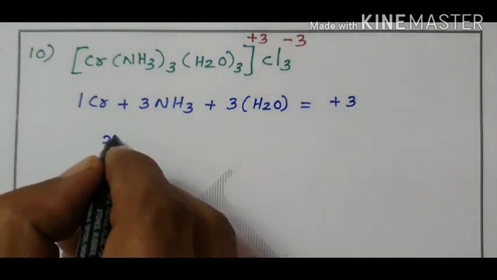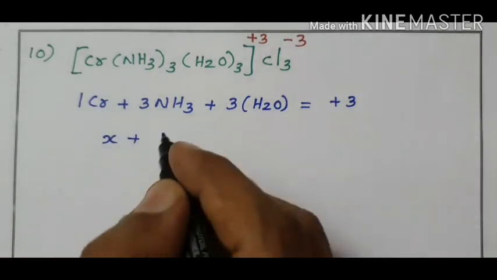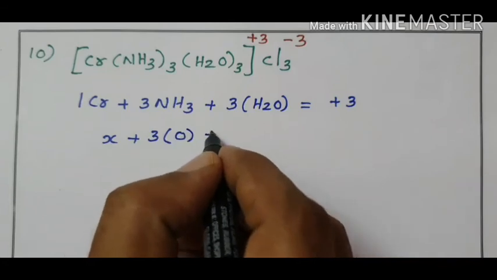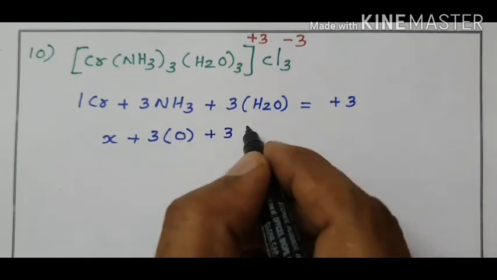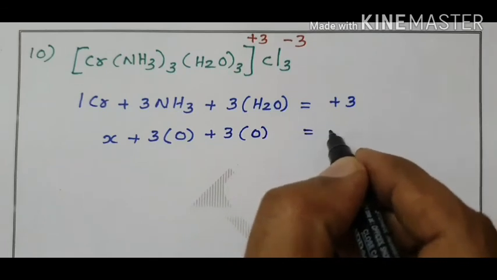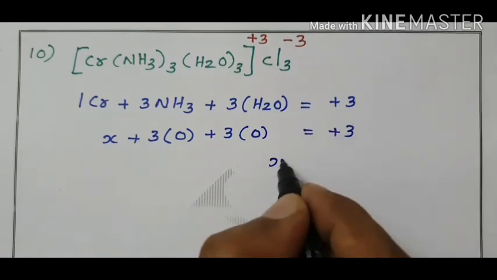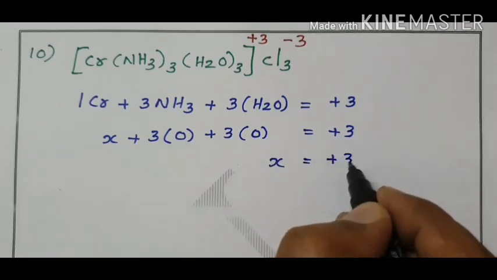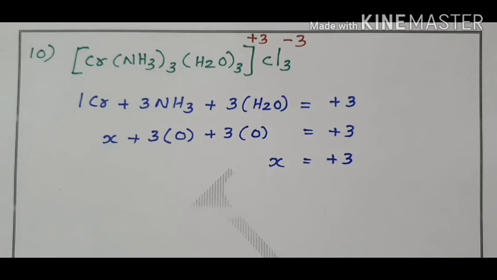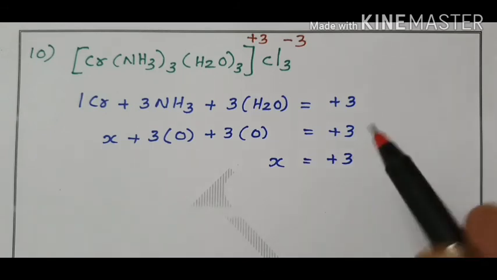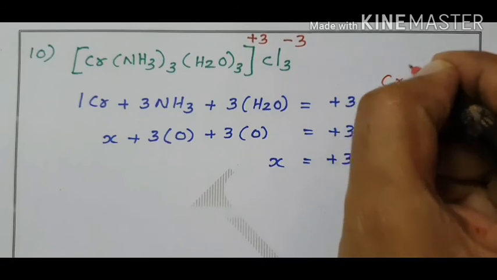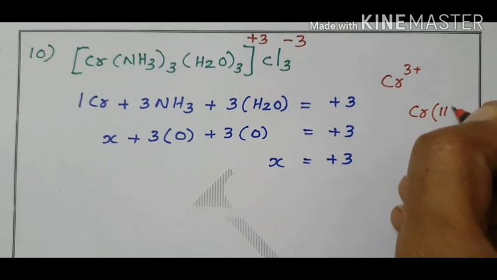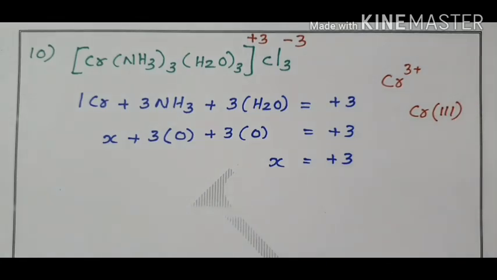Chromium oxidation state as X, plus 3 into amine, a neutral ligand 0, plus 3 into aqua, a neutral ligand 0, equal to plus 3. Therefore X equals plus 3. Oxidation state of chromium in this complex is Cr 3 plus, indicated in naming as Roman numeral 3.